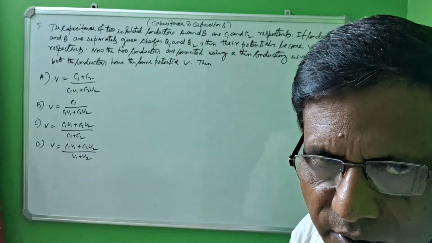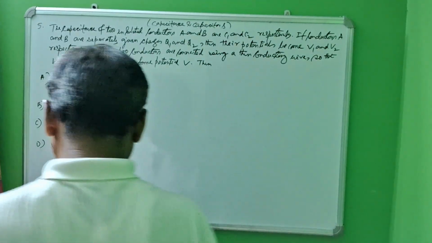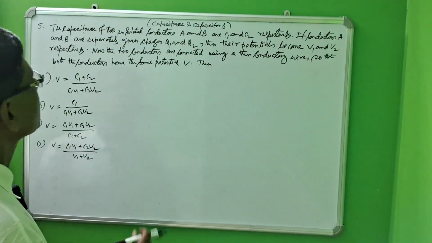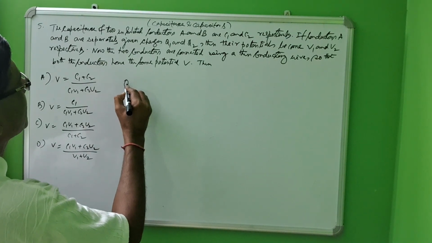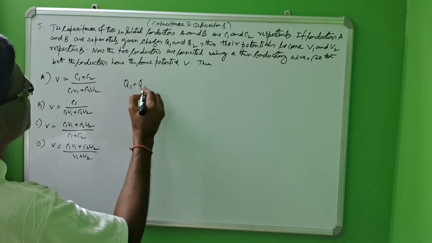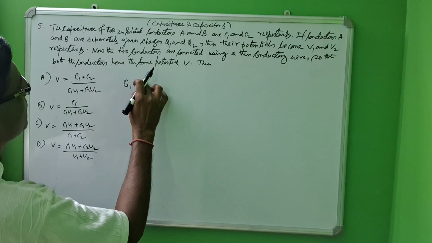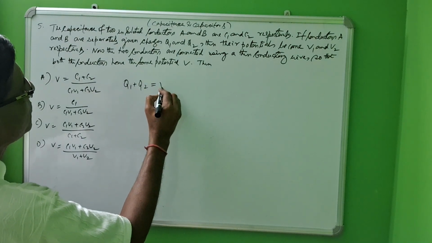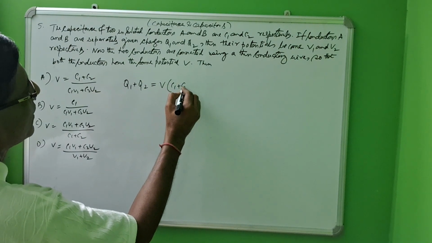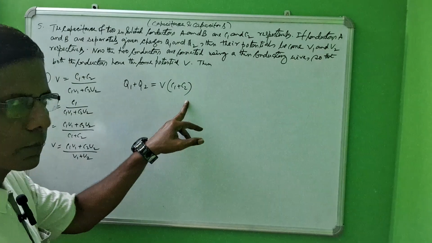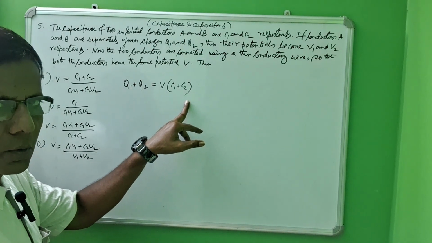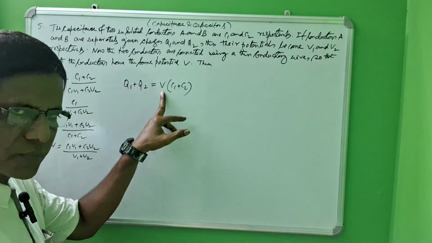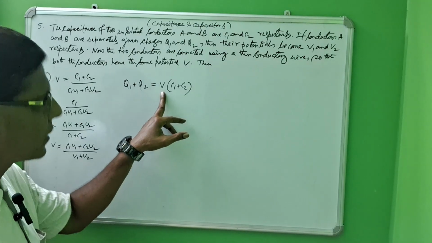So we can write Q1 plus Q2 equals V times C1 plus C2, because their potential is V after joining.